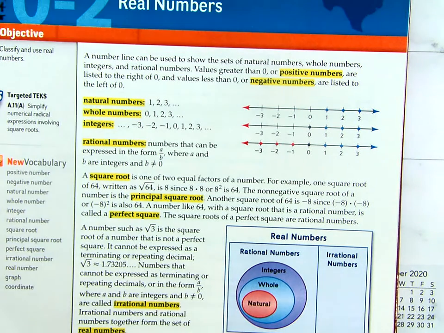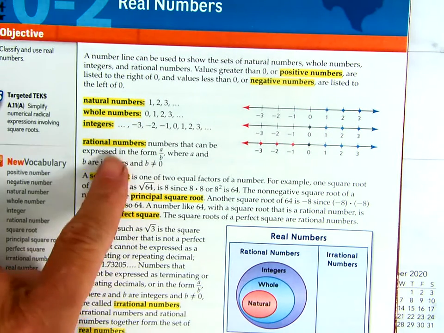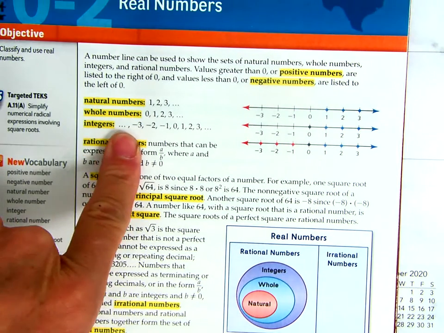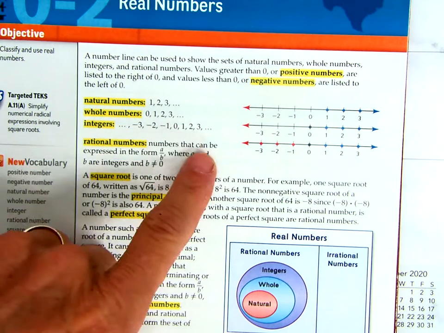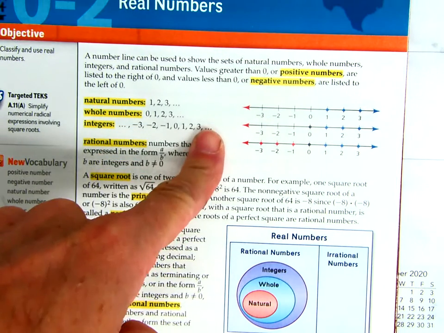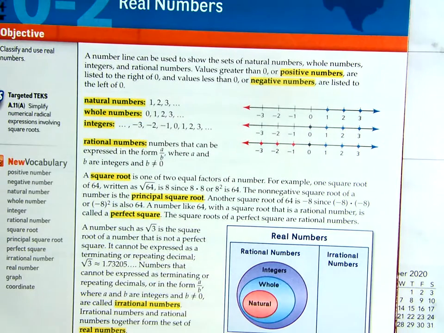Integers. What do these 3 dots right here mean? You're just going to start over here before we get to negative 3, and there are more after positive 3. Then continue on afterwards. Well, what's the difference between integers and whole numbers? Integers include the negatives.